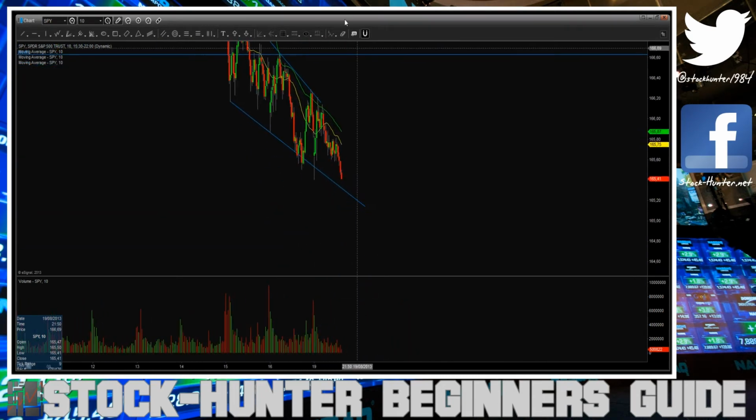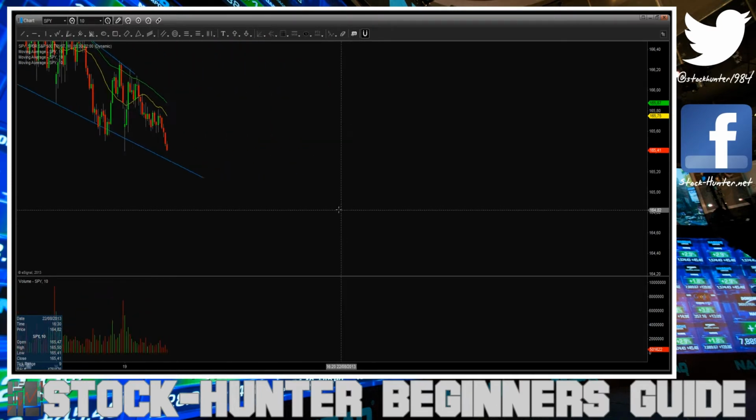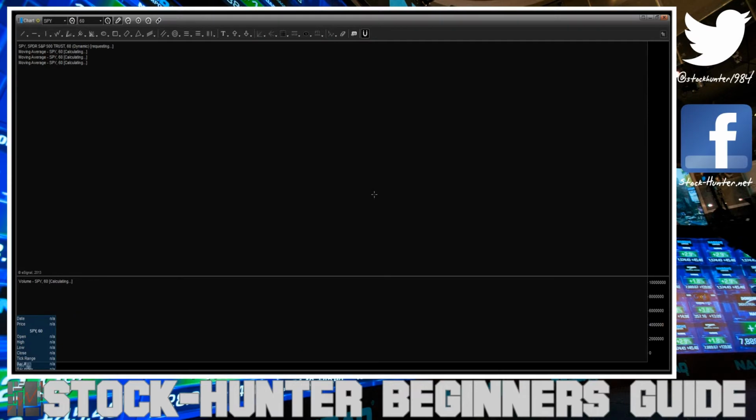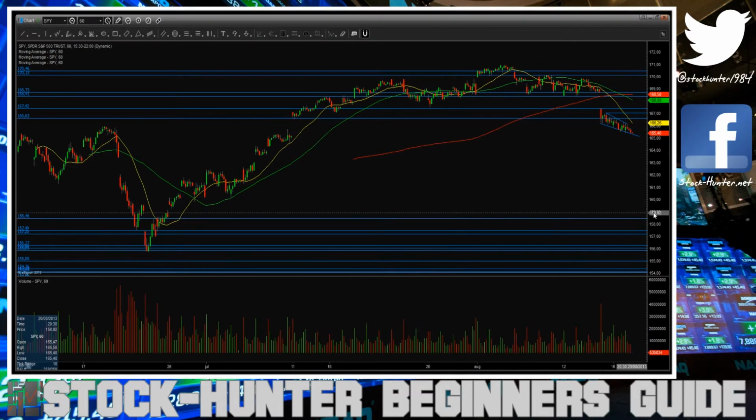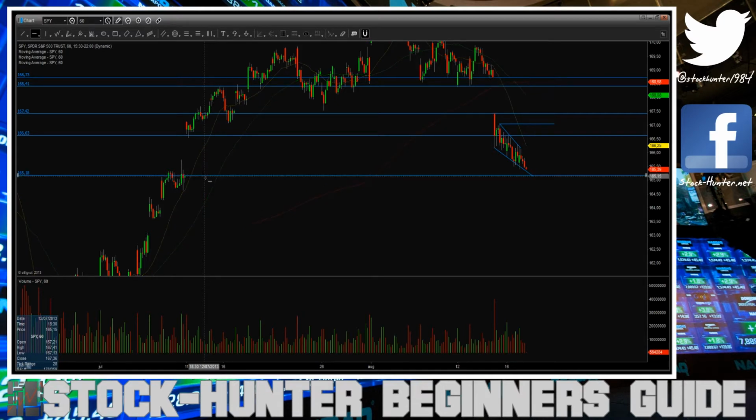Now let's look for some support levels here. As you can see, the markets are starting to break lower. Let's see if we are able to close and confirm below this level. So let's find some scalp long levels here. I will jump over to this 60-minute chart. We have this gap fill as first support at 165.18.